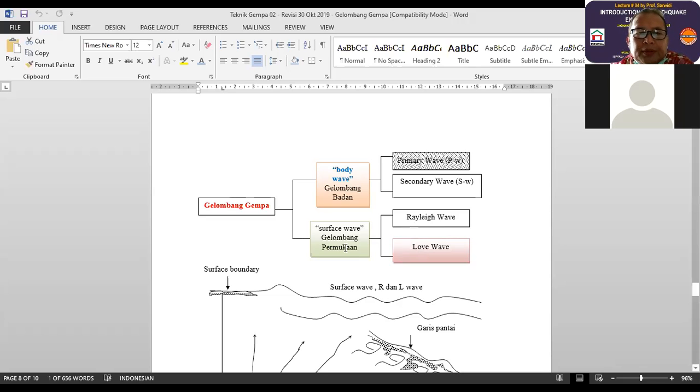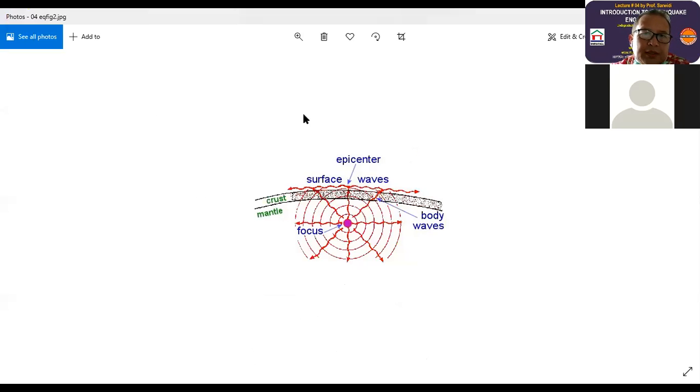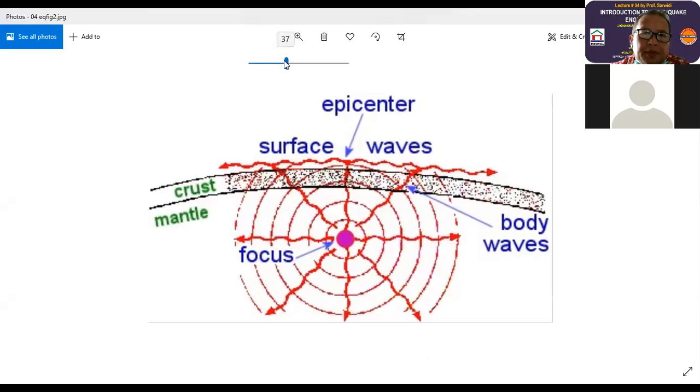Okay, and then we continue with our picture here. This is the sketch of the wave propagation mechanism from the focus.